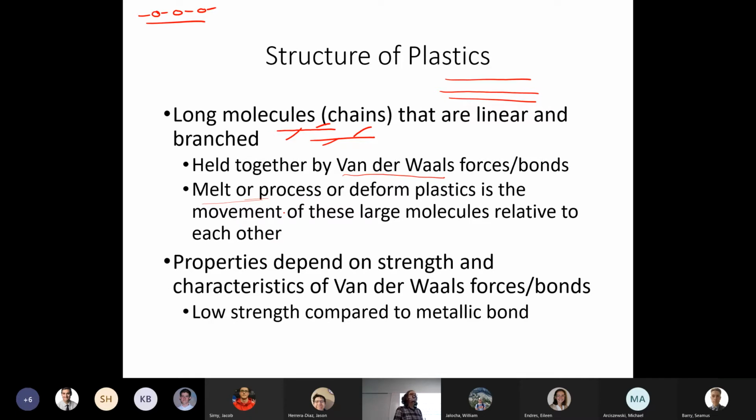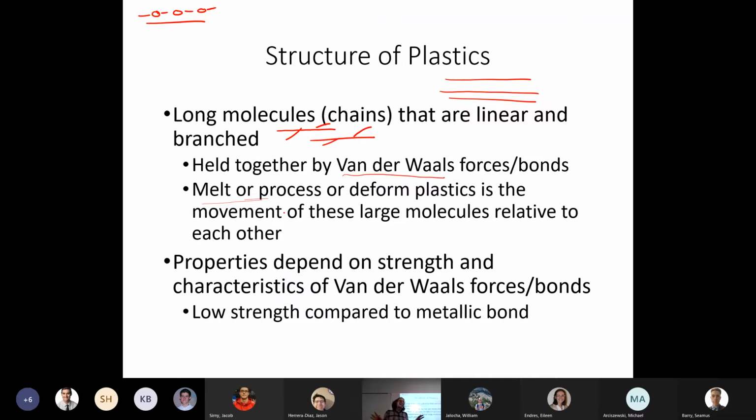When it's liquid. Anyone want to? It's actually individual atoms. Yeah. And how about when water flows? What's moving relative to each other when liquid water is moving? And how many atoms are in those molecules? 3, right. So when a metal flows, we have individual atoms moving relative to each other. When water flows, we have a molecule that has 3 atoms.